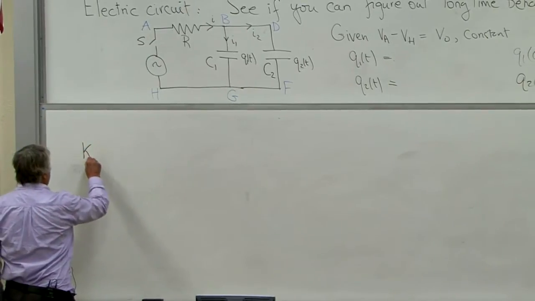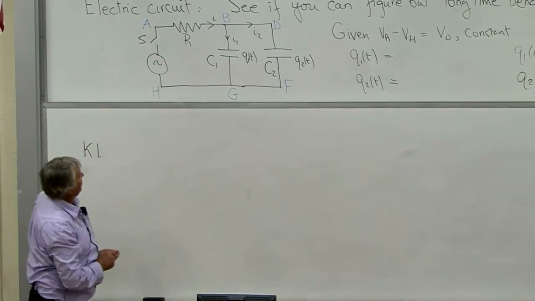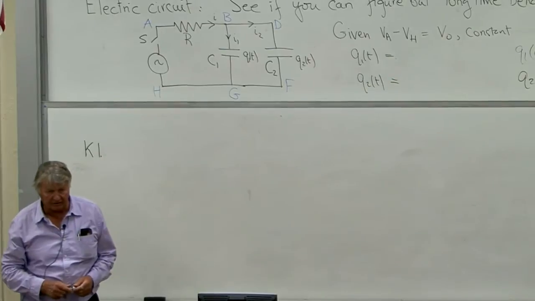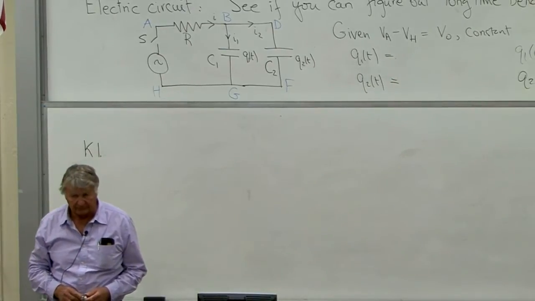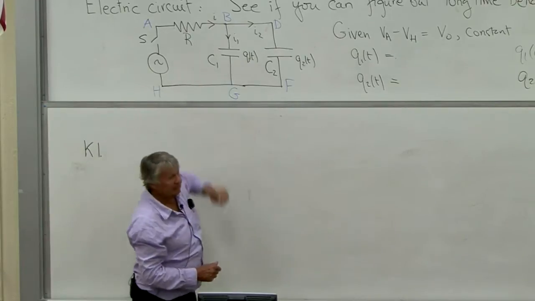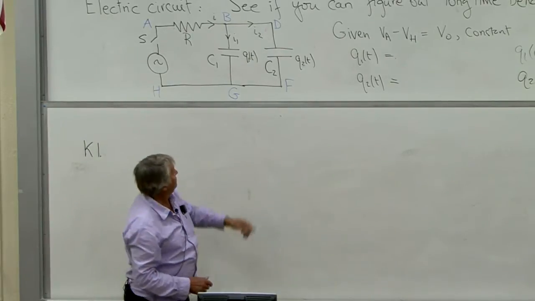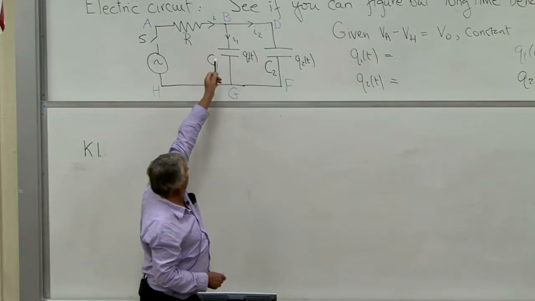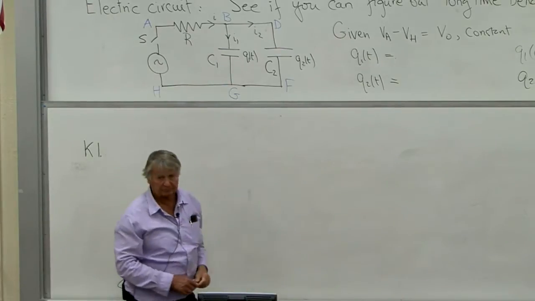Kirchhoff 1 says what? At the junction B, where the current splits, the current going into B is I. The current coming out is I1 and I2.